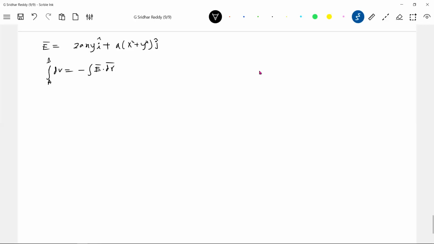There's a point A, B. We'll choose some arbitrary points, like this: from (0,0) to (x,y). So then this will become VAB. The negative sign I adjusted here.